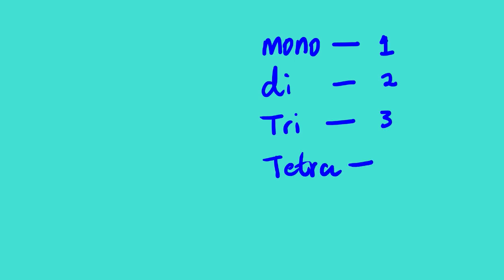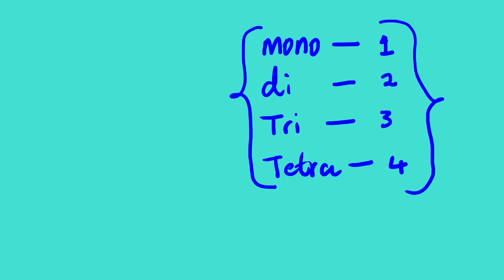And tetra means 4. We are going to use this. It's very important when it comes to naming a compound or writing the molecular formula of a compound. Simply know that mono means 1, di means 2, tri means 3, tetra means 4.